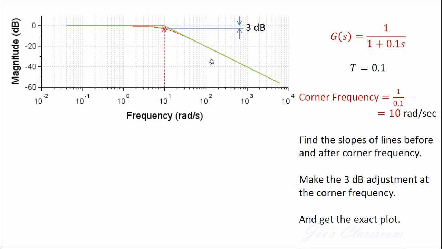So in control theory, the Bode asymptotic plot plays a major role in the analysis of systems. In the entire course of this frequency domain analysis, from this point onwards, we will be mostly focusing on this asymptotic Bode plot.